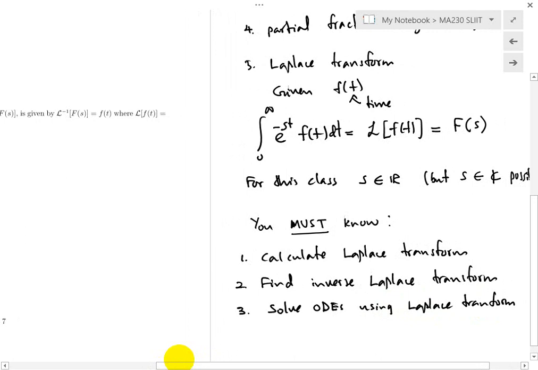Okay. Now I think I showed last time there is a table.